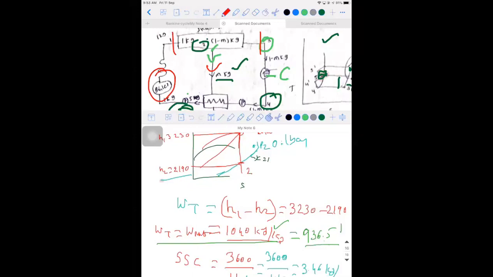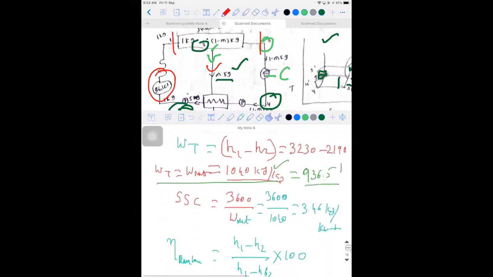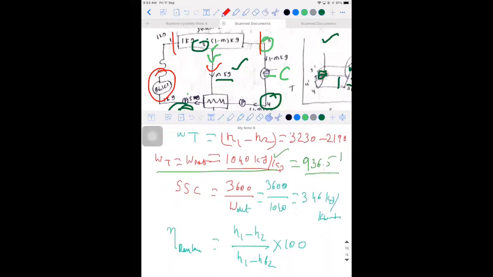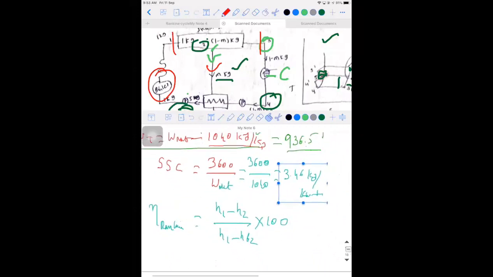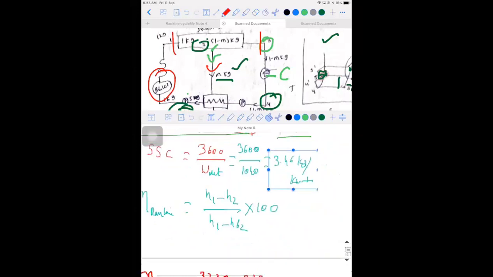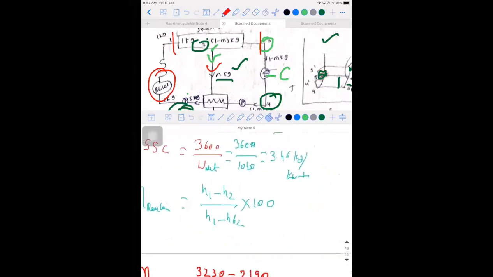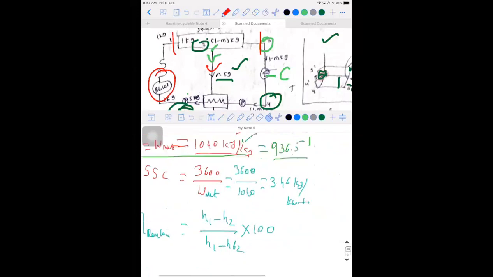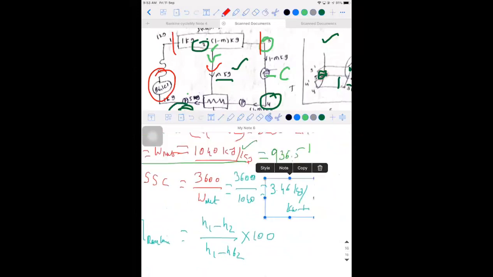Then, because we are able to produce less work, what happens, sir? Specific steam consumption is 3.46 in the case of without regeneration. Now, what is the value with regeneration, sir? That value is 3.844.